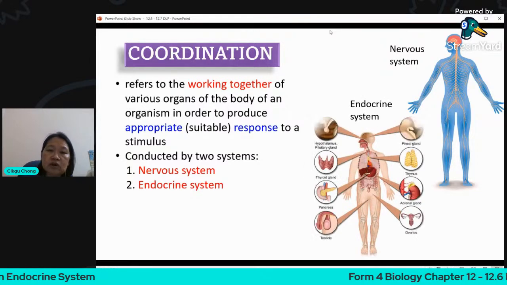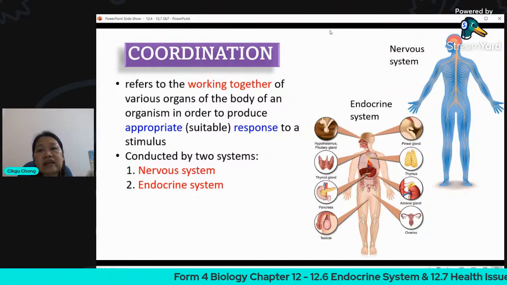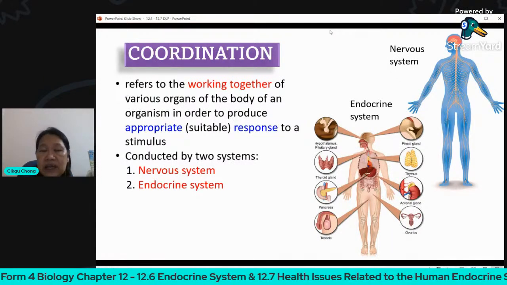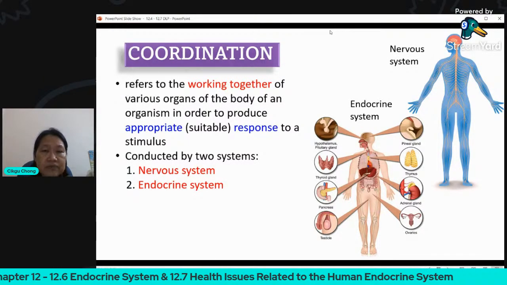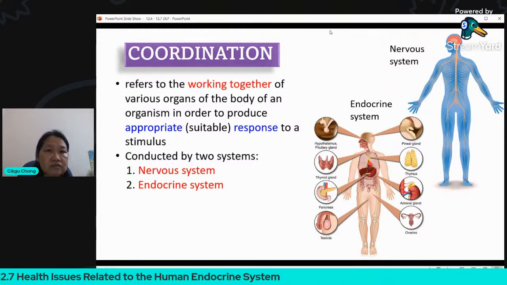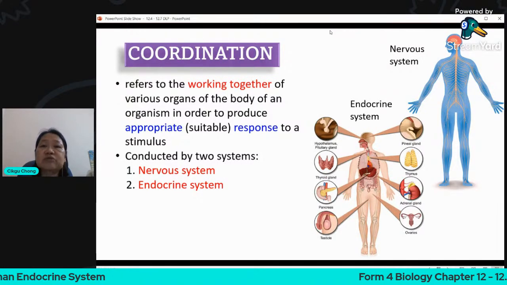This endocrine system consists of different glands which produce a kind of secretion. This secretion is called a hormone. It's a kind of liquid, a chemical that goes into the blood and is passed on to all parts of the body, or rather to the relevant organs, to produce the response.